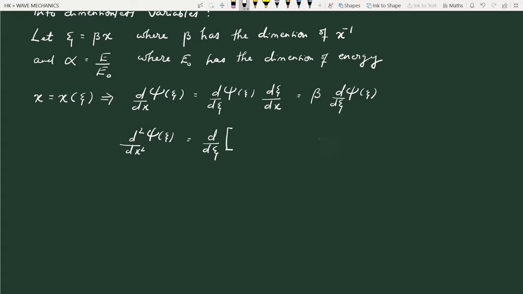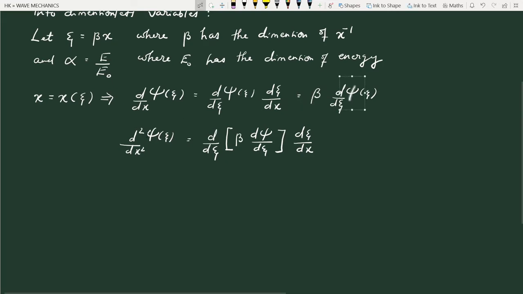D psi by dx is nothing but beta times d psi by d theta. D square psi by dx square means d by dx of d psi by dx, right? D psi by dx is this one, beta d psi by d theta.